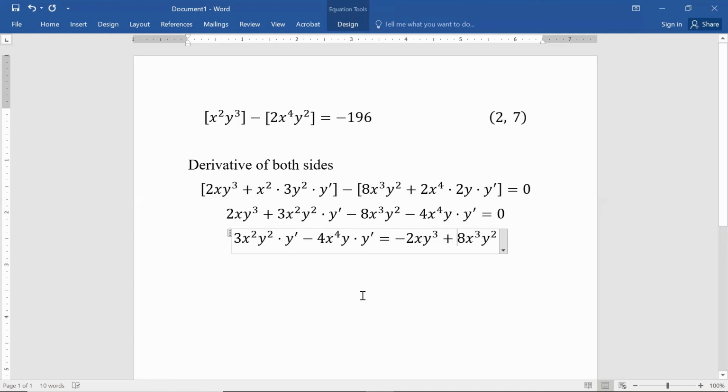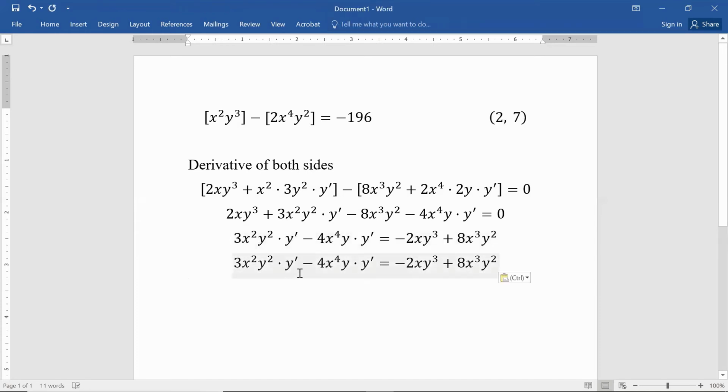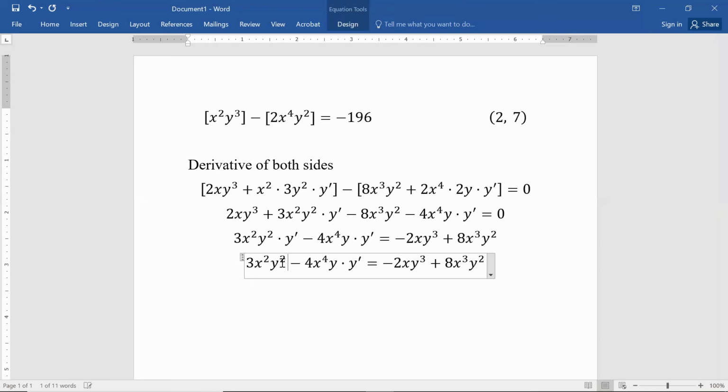From here, we need to factor out a y prime from both terms on the left, and then divide by the coefficient. So factor out that y prime. You can either factor it out in the front or behind, either way. And then, about time, we get an explicit definition for y prime.